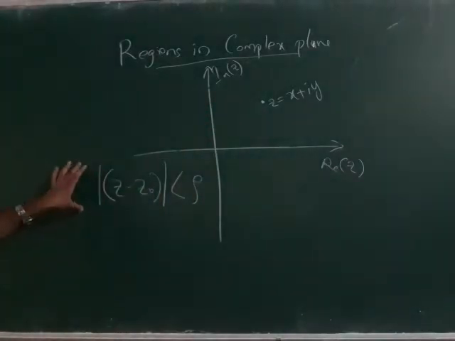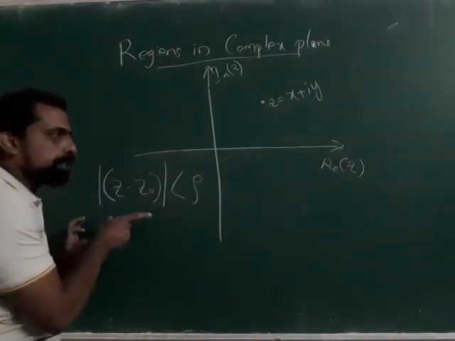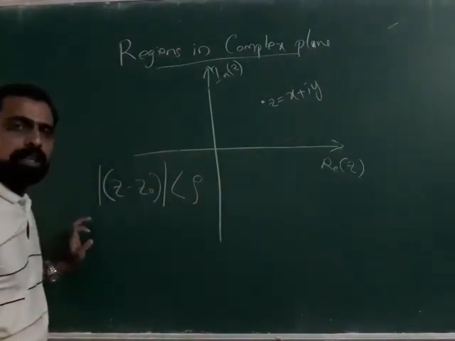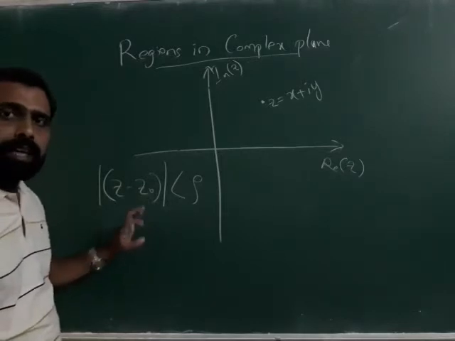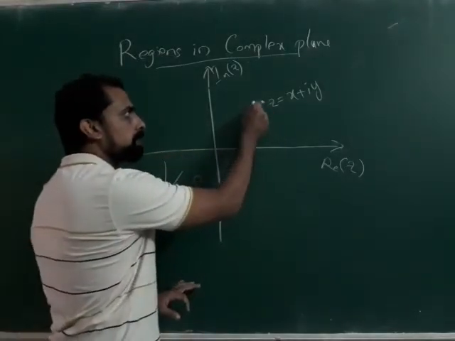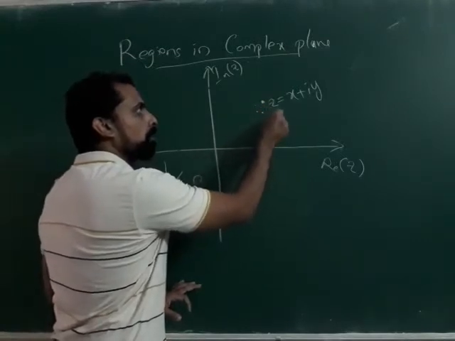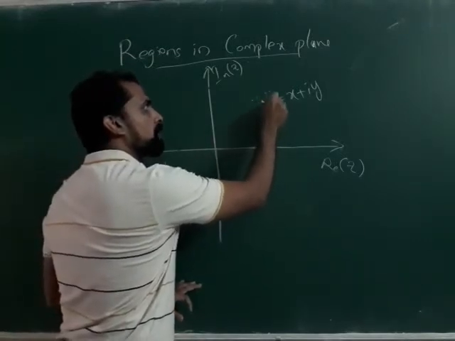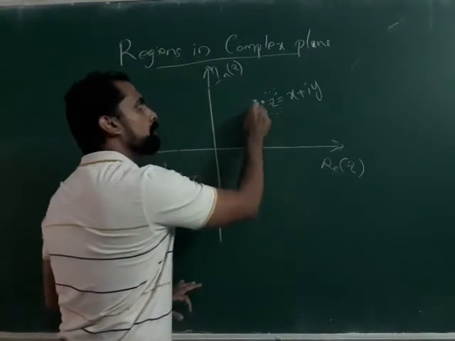So now, what does this mean? This means you can have the neighbors around this z. What is the importance of these neighbors?